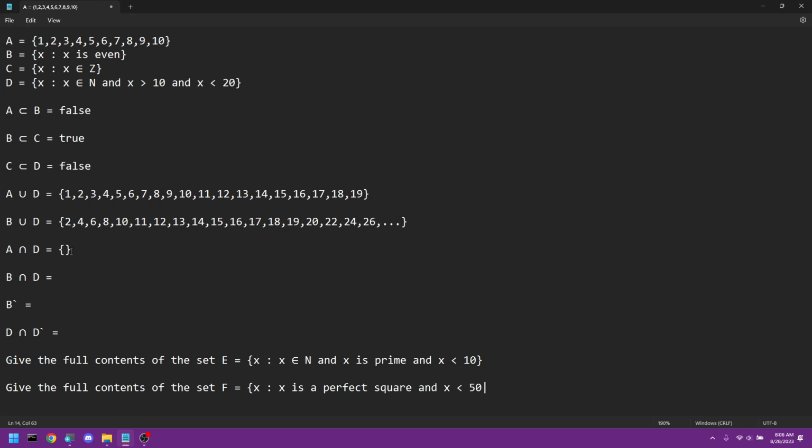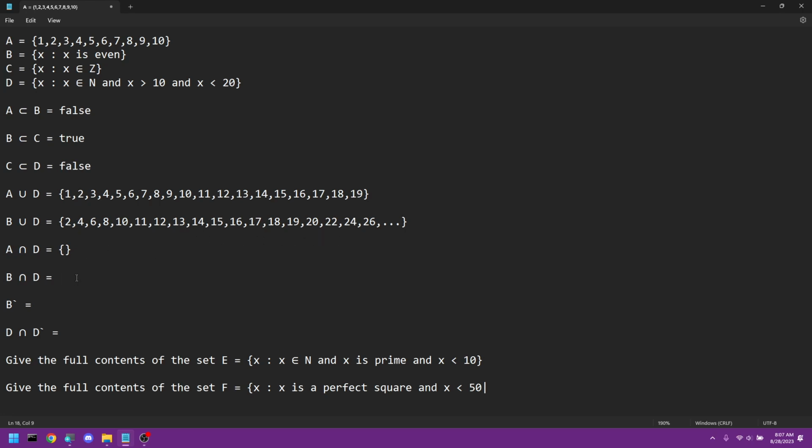So that is our correct union of B with D. And you can write this as all even numbers plus 11, 13, 15, 17, and 19 if you wish. This is just another longer way to write it.